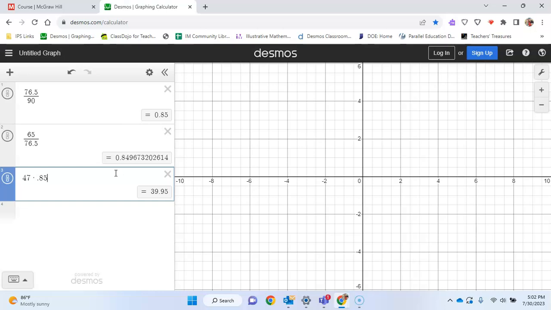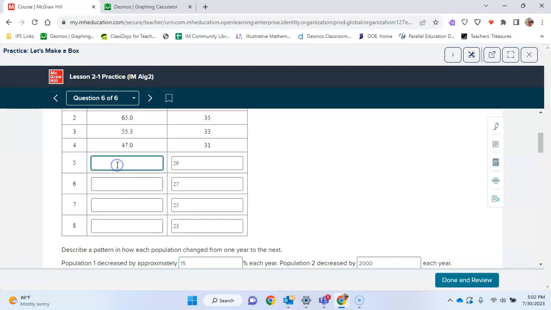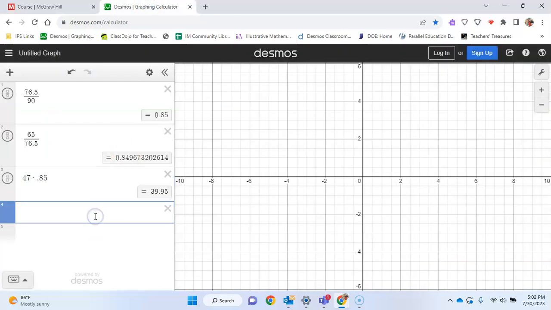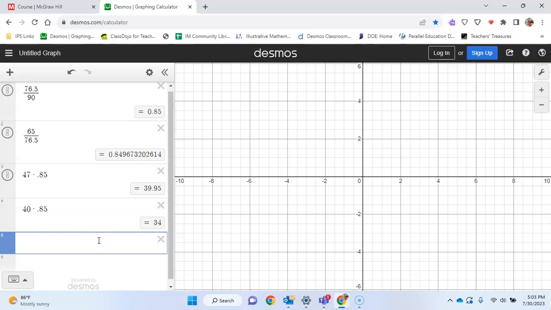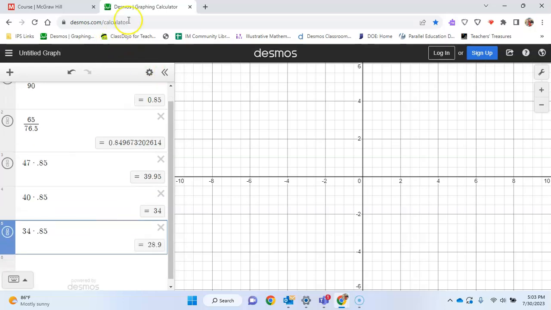Looks like they're rounded to the tenths, so that would be 40.0. 40 times 0.85 is 34. 34 times 0.85, 28.9.